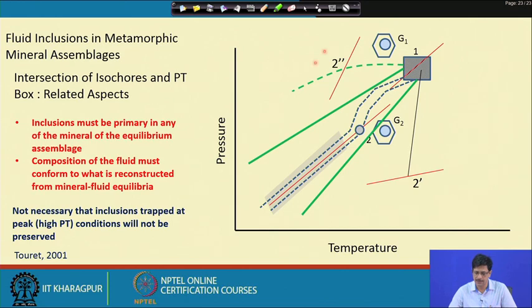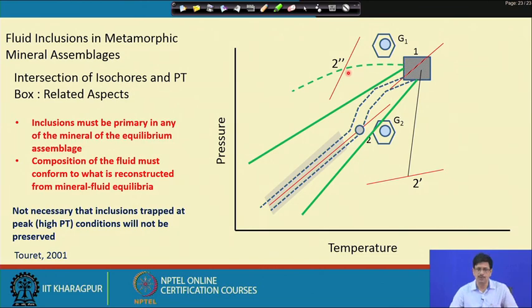It is of course necessary to see the manifestation in terms of fluid inclusion morphology, the characteristics, the type of re-equilibration texture that are expected, whether they are present or not, and then accordingly to interpret the data in terms of their correspondence to pressure temperature conditions derived from phase petrology and the ones which we derive from the isocores of the fluid inclusions that we study.